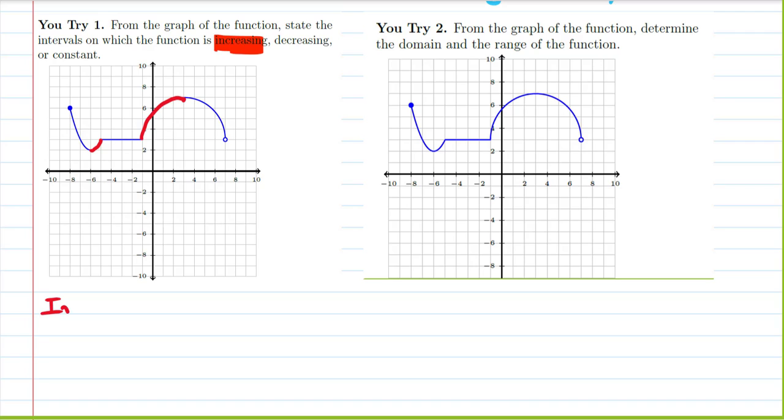So for our increasing, we're going to increase from -6 to -5, unioned with -1 to +3. And then our graph is going to be decreasing from here to here.